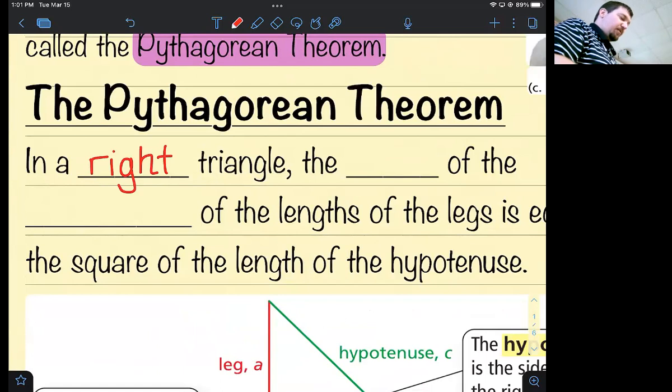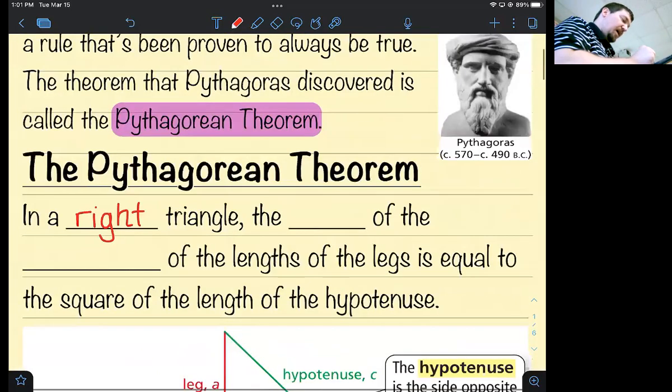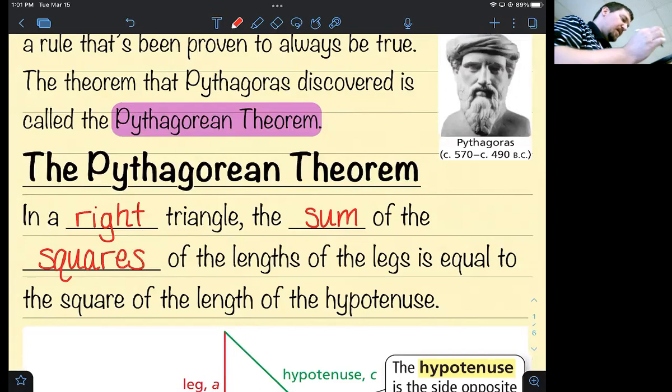In a right triangle, the sum of the squares of the lengths of the legs is equal to the square of the length of the hypotenuse.